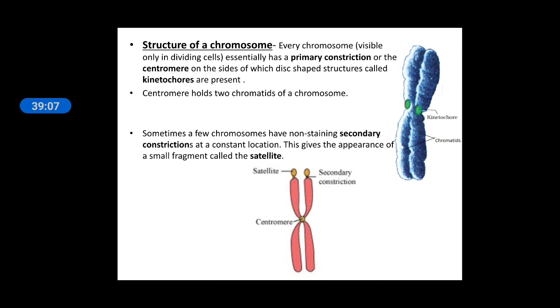A total of 46 chromosomes are present in a human cell, and out of 46, a few chromosomes are different. Five pairs of chromosomes are different. They are known as satellite chromosomes due to the presence of secondary constrictions. Sometimes a few chromosomes have a non-staining region called the secondary constriction at a constant location. This gives the appearance of a small fragment called the satellite.